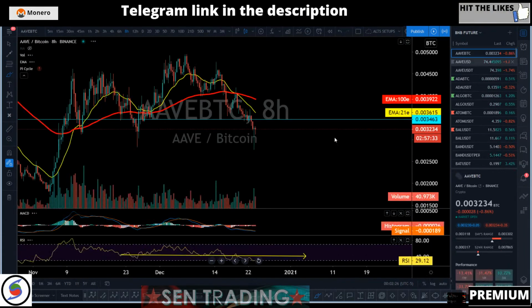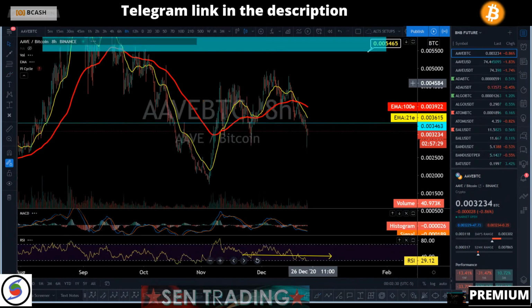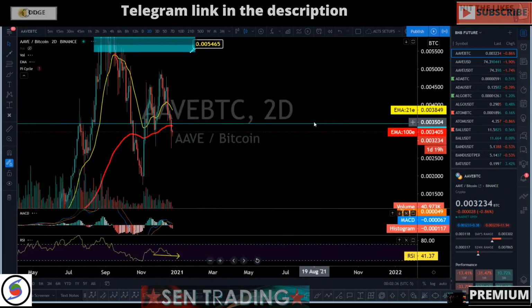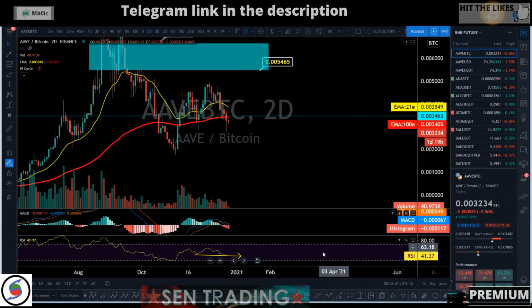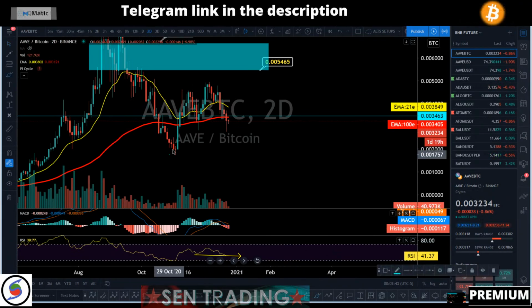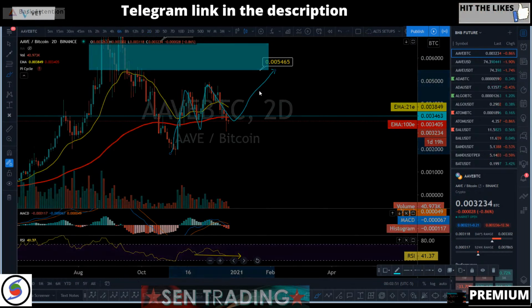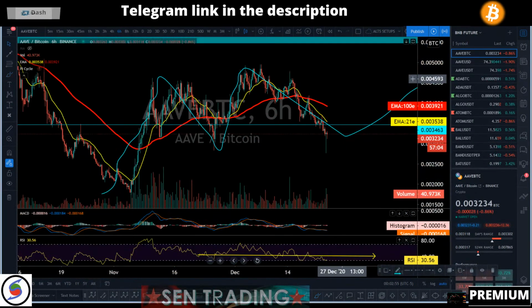I'm watching AVE BTC, even though AVE USD could bounce back up, but AVE BTC is the most important. That's the pattern I'm watching. For some reason, it was very bullish also. You can see the flat correction pattern I just showed you. That's what I'm expecting. But in order for us to get the bullish momentum, we need to close above the 6-hour 21 EMA. That's what I was waiting for last night.